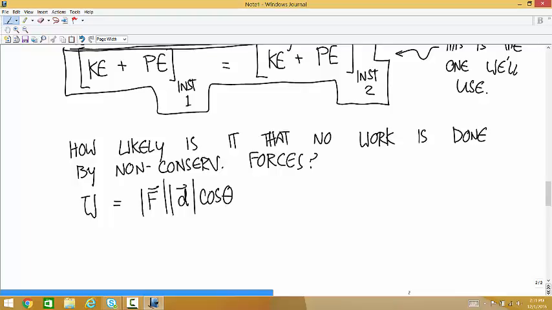And so if the force and the direction of motion are perpendicular to each other, you have cosine of 90 degrees. What's that equal to? 0. So the work is 0 when theta is equal to 90 degrees.